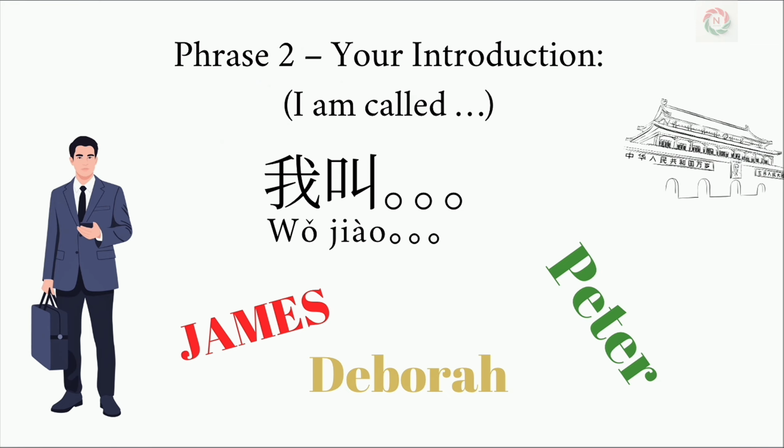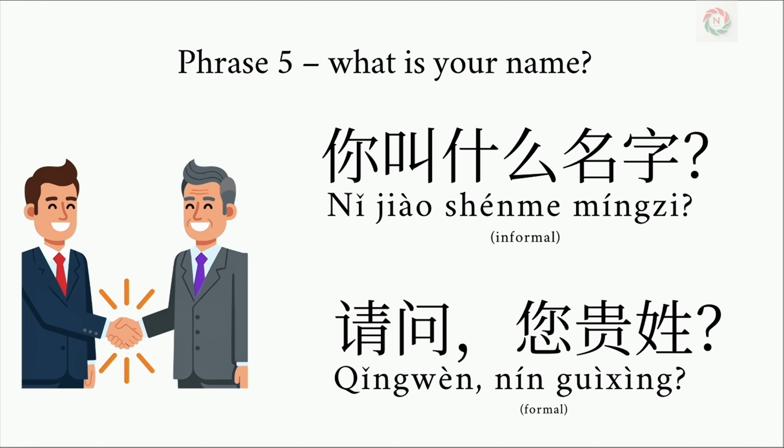And how do you ask somebody, what is your name? The informal way. Okay, let's look at it. 你叫什么名字? And then the formal way is 请问你贵姓?